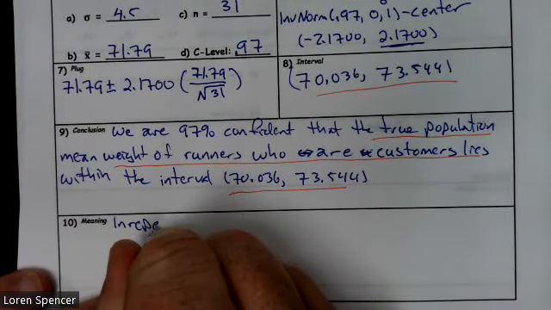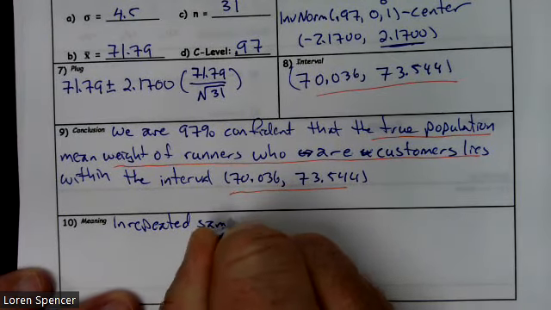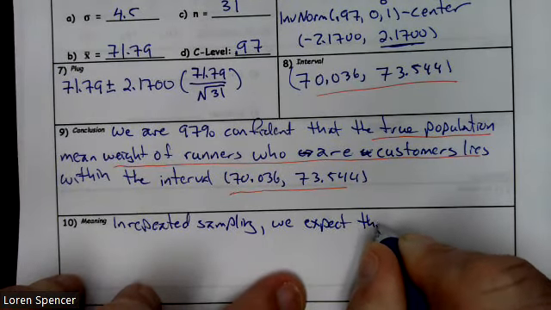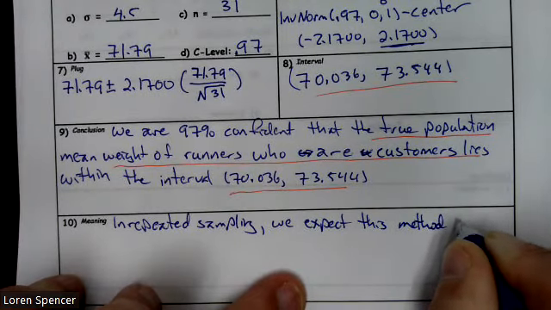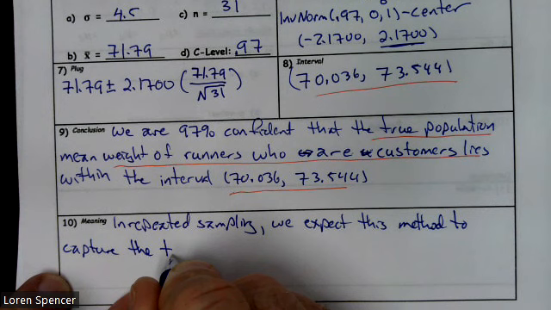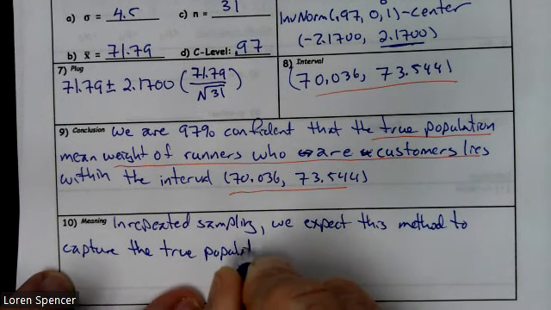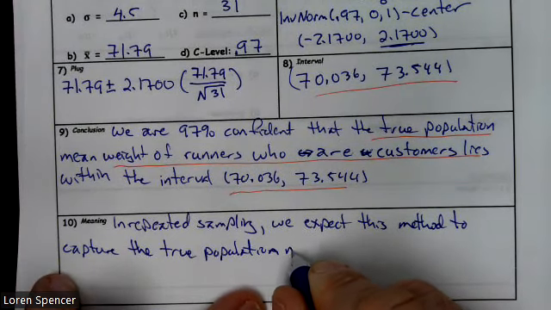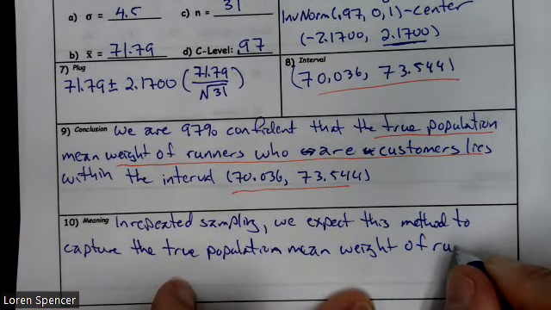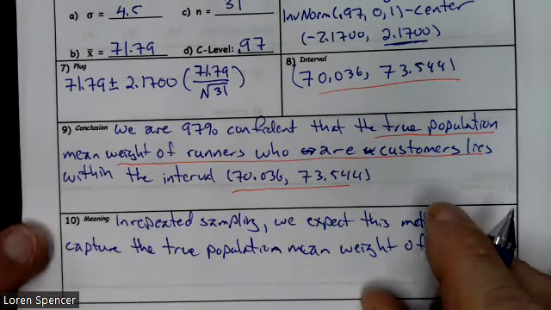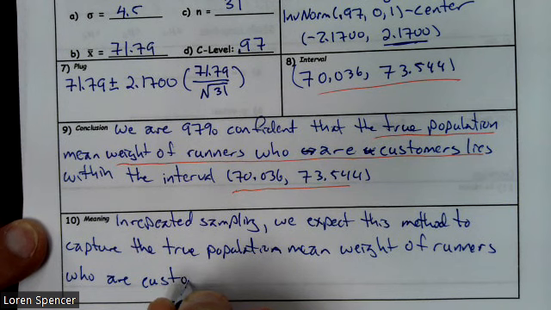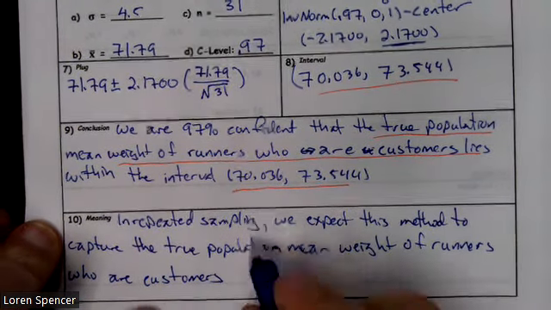So in repeated sampling, we expect this method to capture the true population mean weight of runners who are customers, how often? 97% of the time.